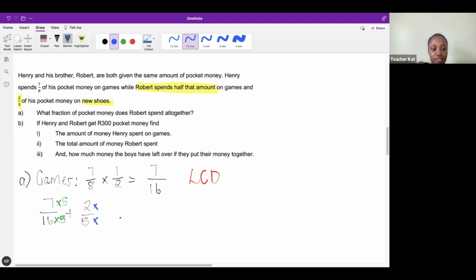By 16. Okay, let's write our new fractions. It says 7 times 5, which is how much? We know they're going to be over 80. Nice, Mini. It is 35. Plus 2 times 16. How much is that?